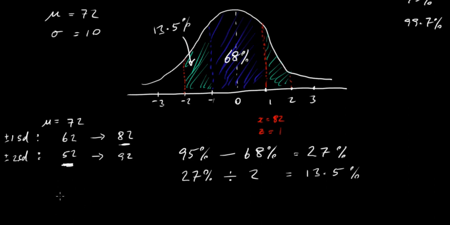So all I've got to do is take 68%, add the 13.5%, and that'll give me 81.5%.